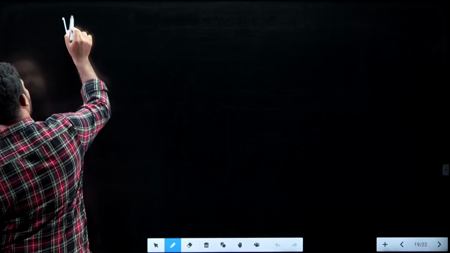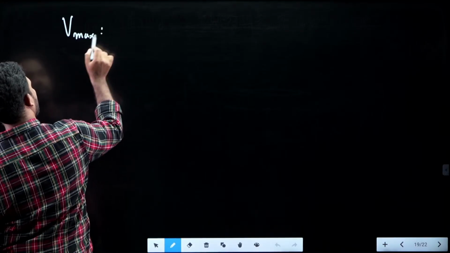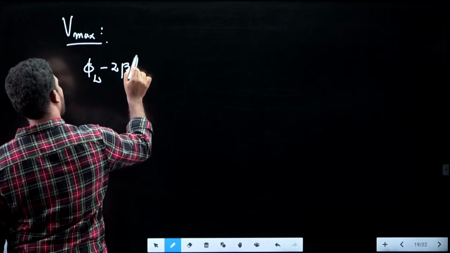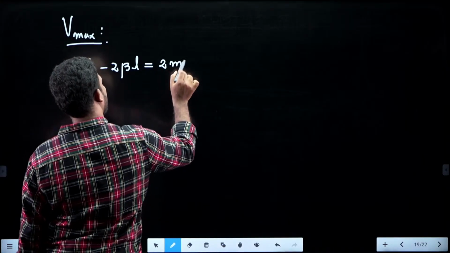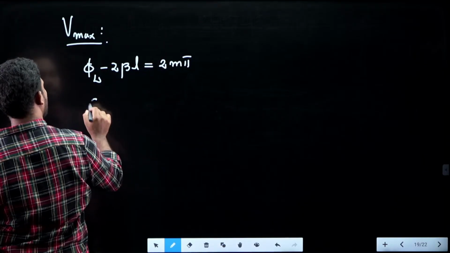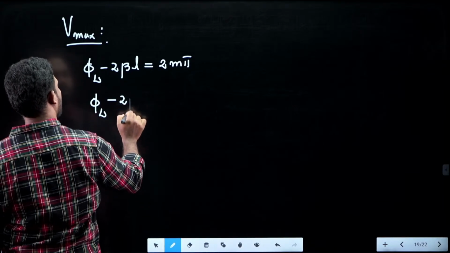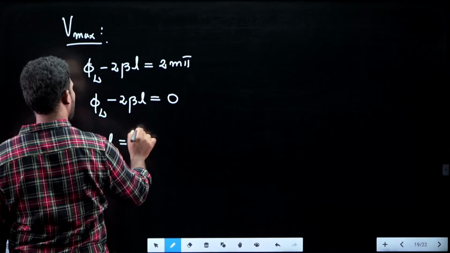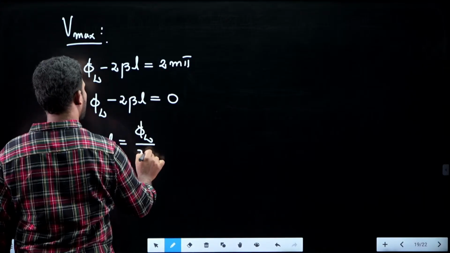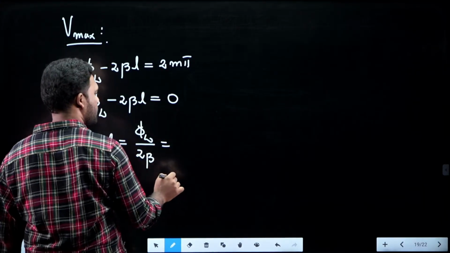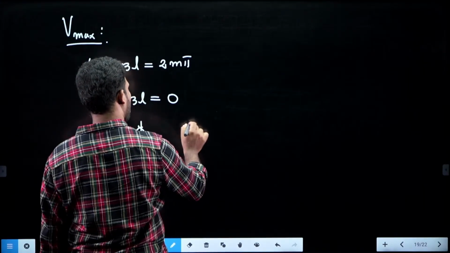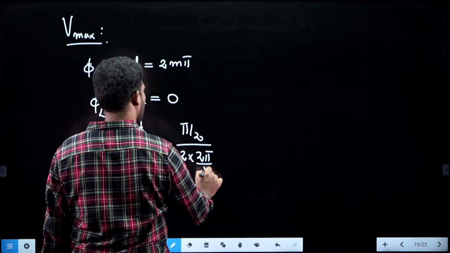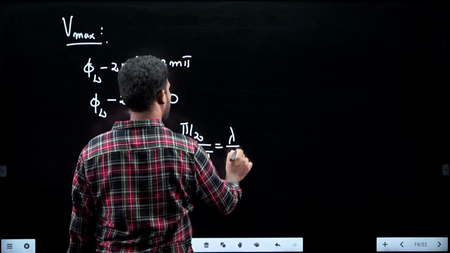What is the condition for the V maxima? The total phase must be even multiples of pi. 2 beta L is equal to 2 m pi. For the first one, it is 0. So L is equal to phi L by 2 beta. So phi L is pi by 2. 2 into 2 pi by lambda, it is lambda by 8.